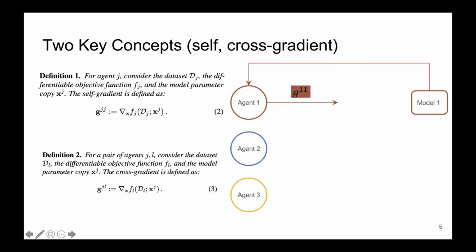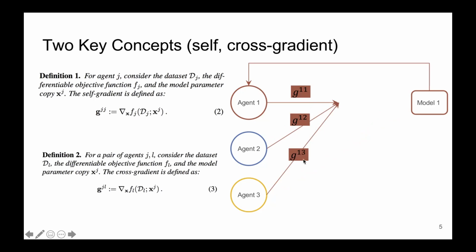We get G11, this equation here, the self gradient. This model is shared with agent 2 and agent 3, and they can also use model 1 to get a gradient over their local data, D2 and D3, and we get G12 and G13. So we get this self and cross gradient here.